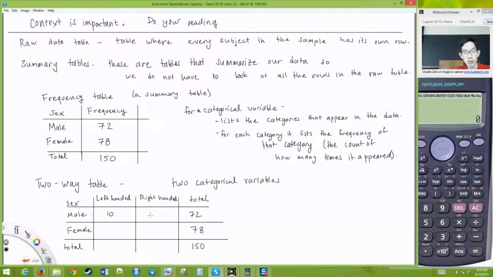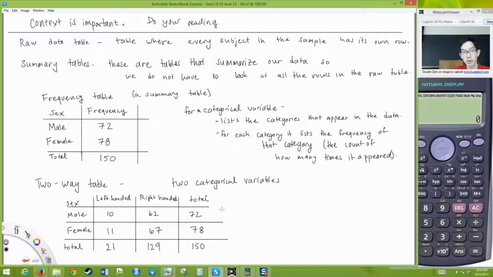So how many right-handed males do we have? 62, okay? And let's say 11 females are left-handed. So how many right-handed females do we have? 67. How many left-handed people do we have total? 21. And how many right-handed people do we have total? 129. Okay? And so this is a two-way table.